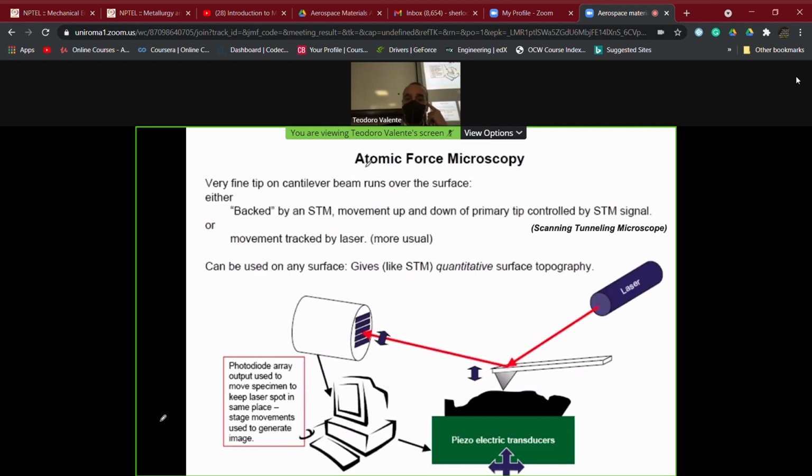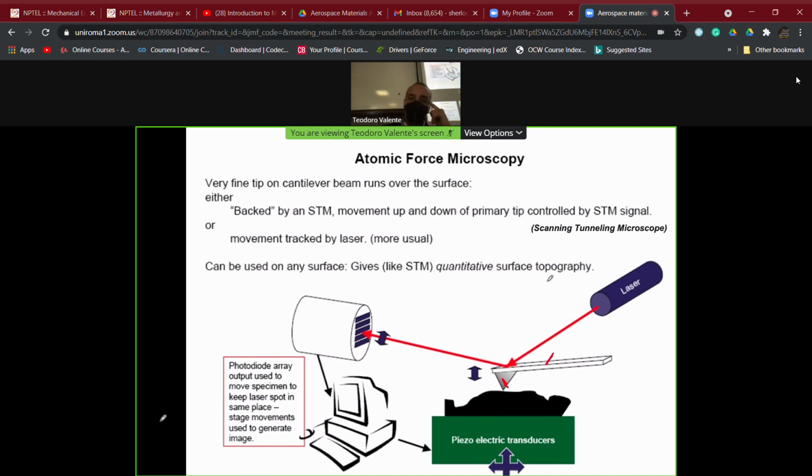It's known as AFM, which in the more usual configuration is based on the use of a very fine tip, this one, which is positioned on a cantilever beam, this one, which runs on the surface we want to characterize.